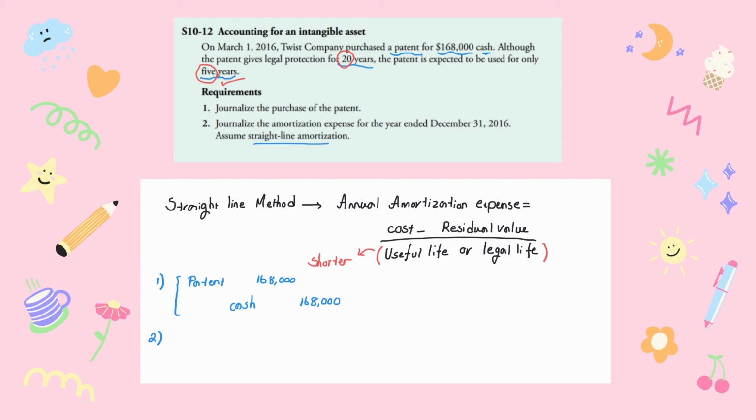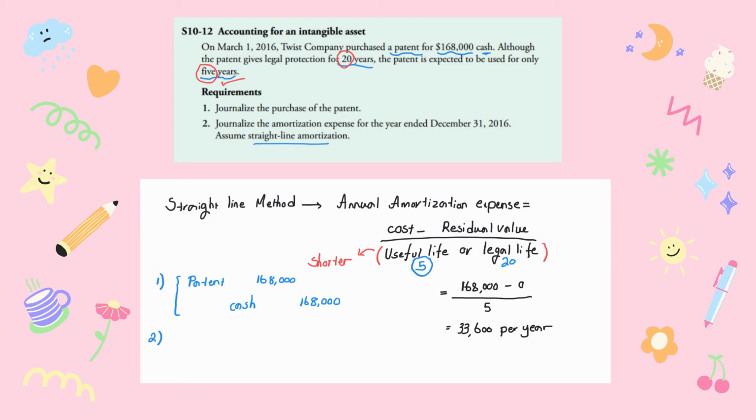And we said that the useful life is 5 and the legal life is 20. So I'm gonna choose the shorter between these two, so it's 5. Now, cost is 168,000 less residual value, which is 0 in this question, divided by 5 years. I'm gonna get 33,600. This is the annual, it's per year.